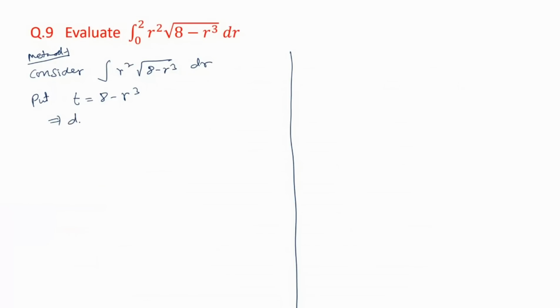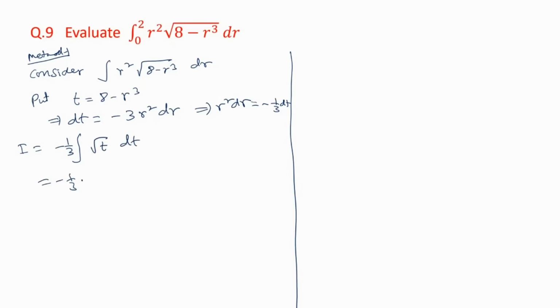So this gives you dt is equal to minus 3r square dr. So therefore I is equal to the integral of r square dr times square root of 8 minus r cubed. So this gives you r square dr is equal to minus 1 over 3 dt. So it will be minus 1 over 3, and here r square dr will be dt, so it will be square root of t dt.